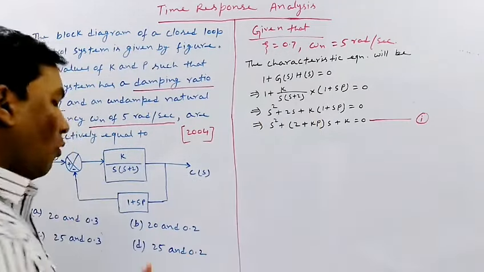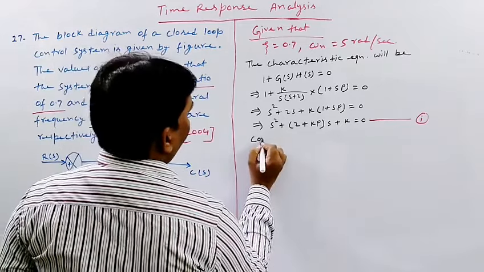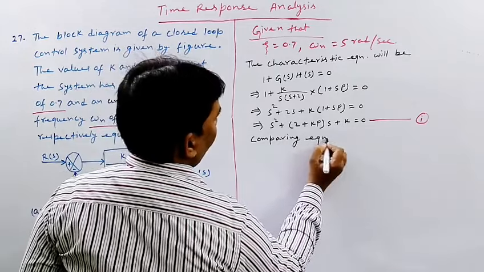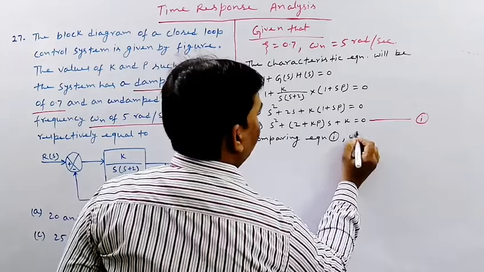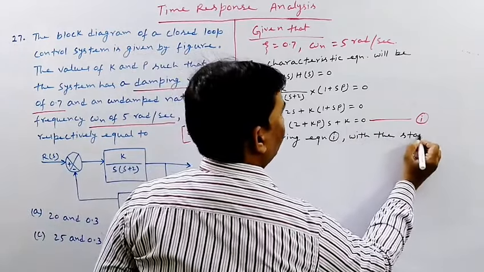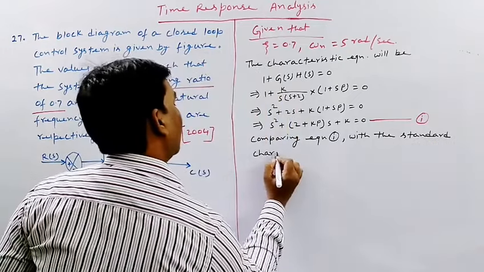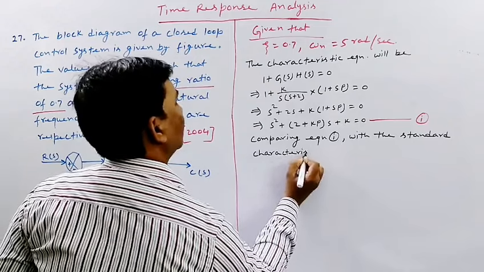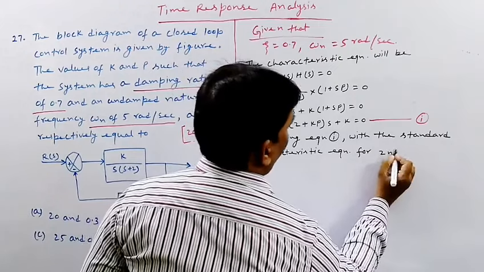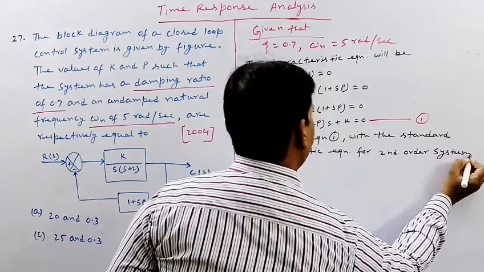So now comparing equation 1 with the standard characteristic equation for a second order system, and what is that characteristic equation?